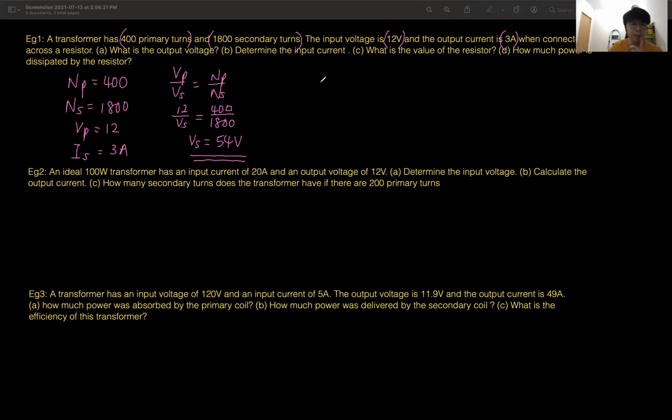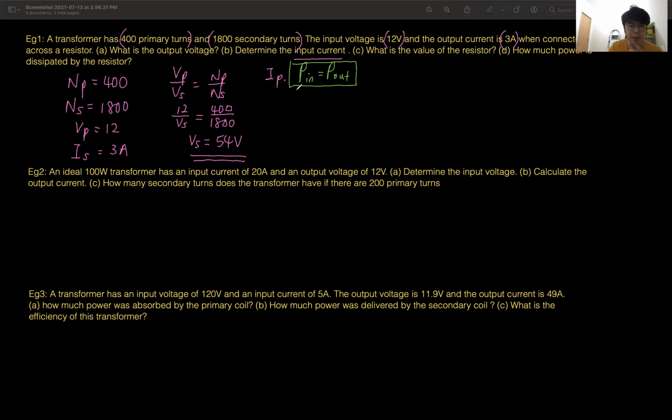B, determine the input current. So we find IP. I use power in equals power out, so I assume an ideal transformer with no power loss.